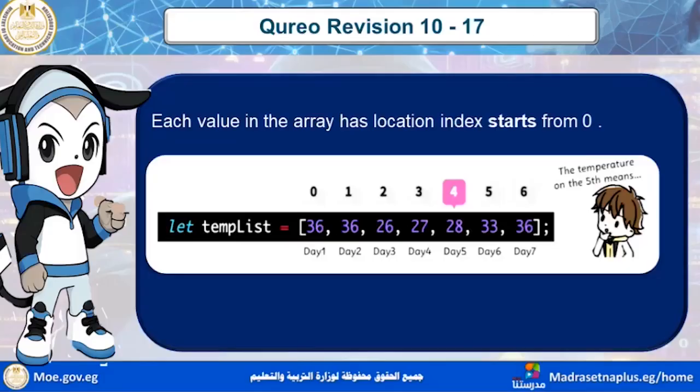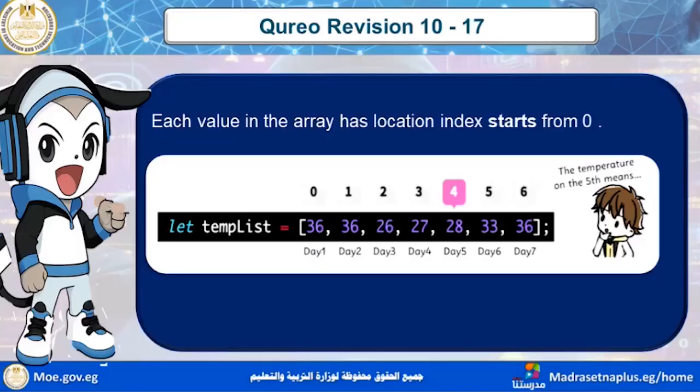Another example, let temp list equal 36, 36, 26, 27, 28, 33, and 36. We have here numbers at positions from 0 to 6, but actually they are 7 values.